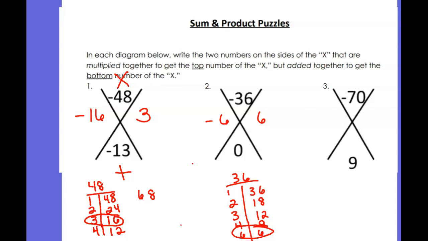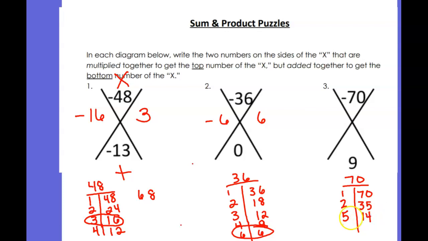All right, looking at number 3. With 70, again, I'm going to start looking at my factors. 2 times 35. It's not divisible by 3, let's see, divisible by 4? Nope. 5? Yep. So it's going to be 5 times 14, sorry, 5 times 14 is 70.